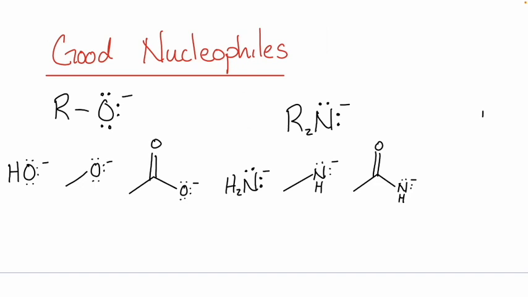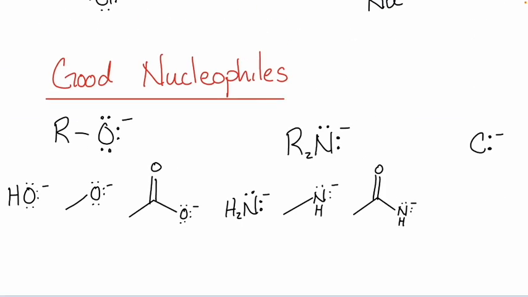All right, and then the last one would be carbanions. Those are a little bit more rare. They're not very stable at all. Okay, one that we do see kind of a lot is one of those nitrile groups. So the carbon that's triple bonded to a nitrogen, right?